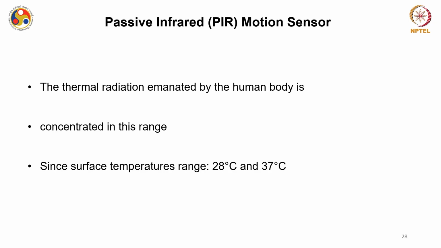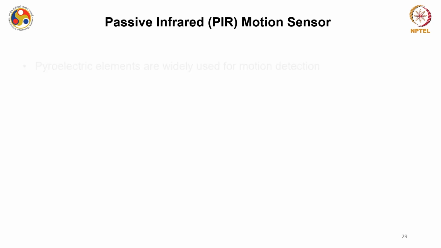It can basically map our whole body, or an animal's body if the intruder is an animal. The thermal radiation from the human body is concentrated in the range of say 28 degrees Celsius to 37 degrees Celsius.